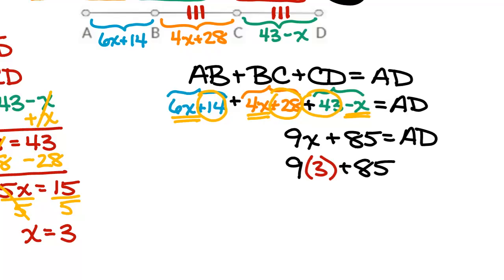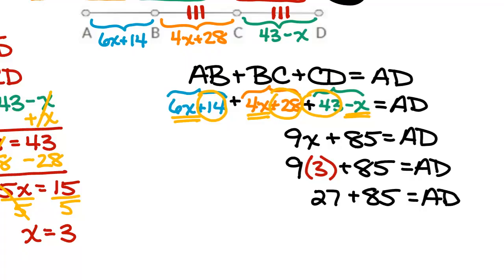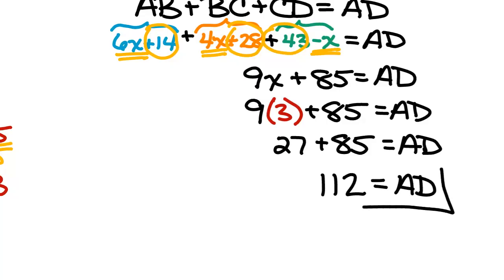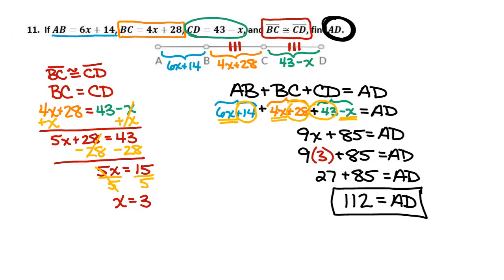What is 9 times 3? 27. I have 27 plus 85. What is 27 plus 85? 112 for AD. Very, very nicely done.